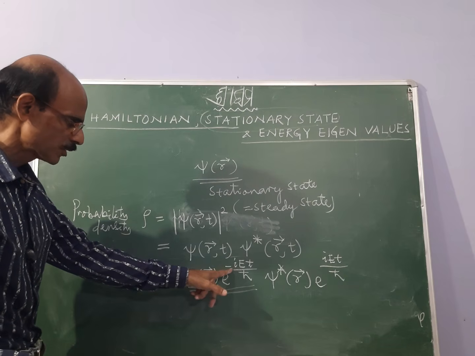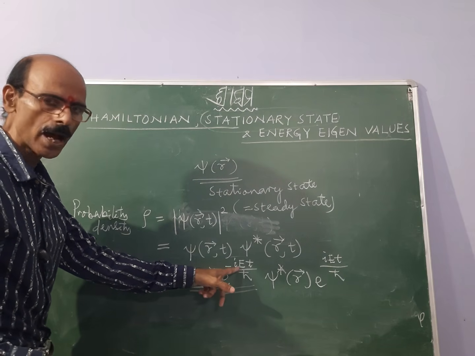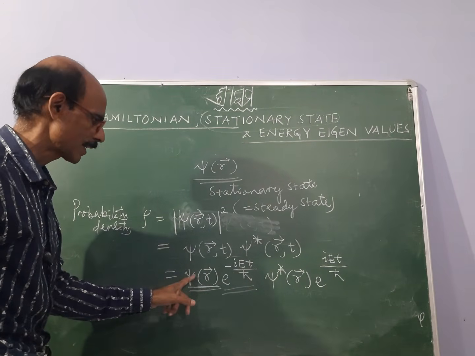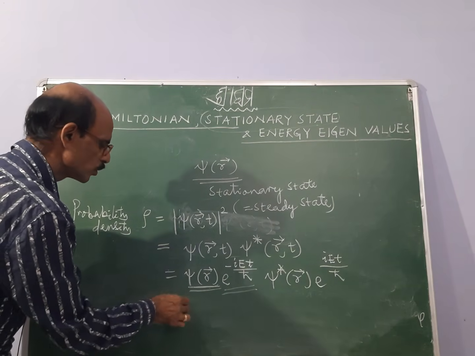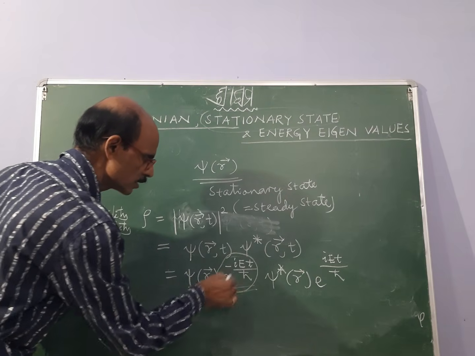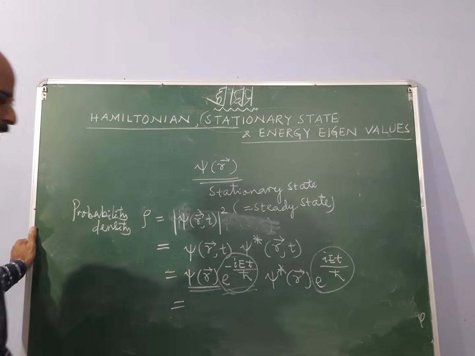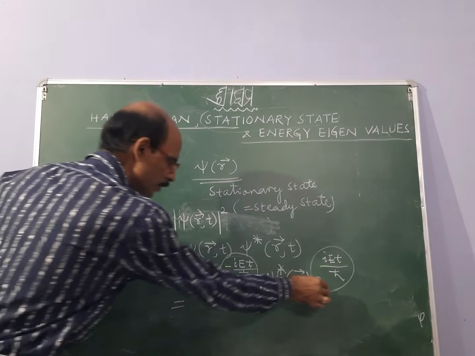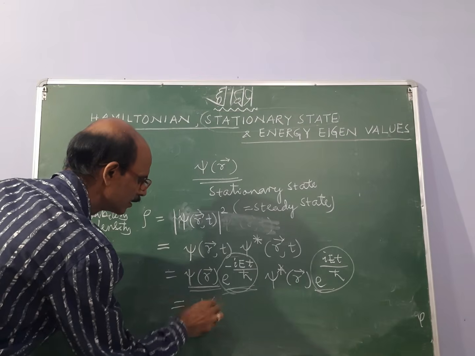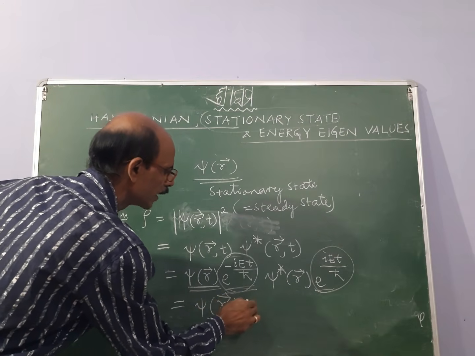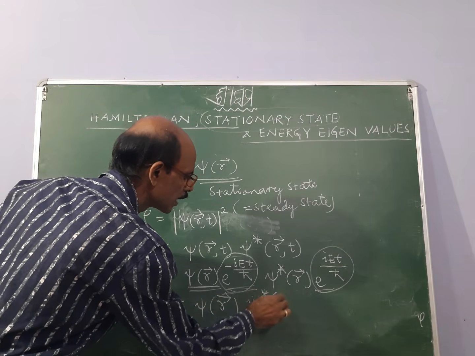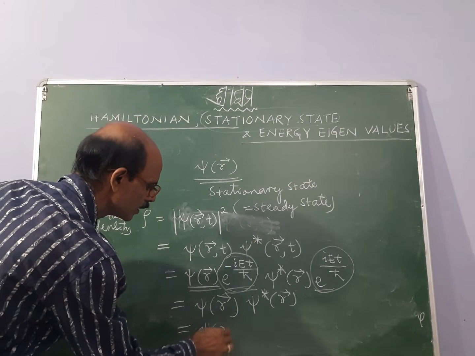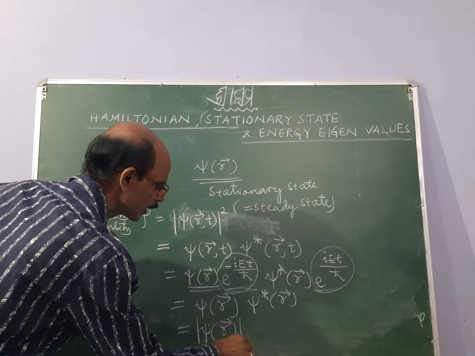Because when complex conjugate is taken, it involves iota, therefore this sign will change to plus, and psi becomes its complex conjugate psi star. So we will obtain this multiplied by this. It will give exponential 0, that is 1. So the product of these two becomes 1. So we get psi r psi star r, the complex conjugate, and this is nothing but our psi r square.